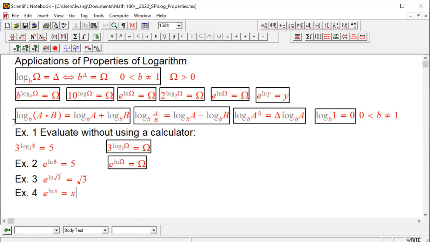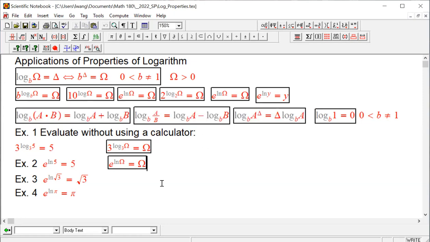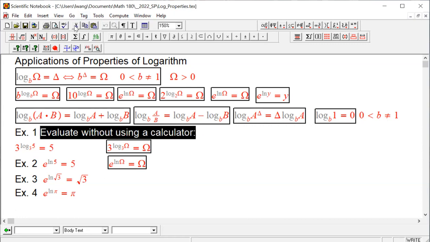So let's look at other examples of applying the product rule and quotient rule. We'll still evaluate without using a calculator, getting a precise value.